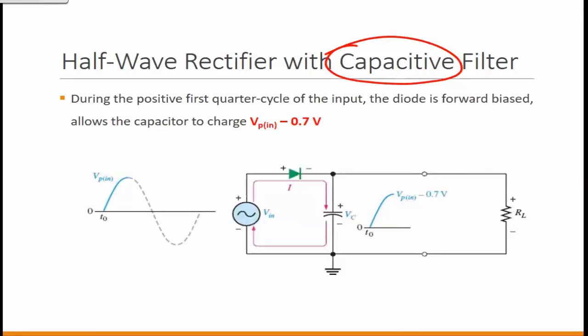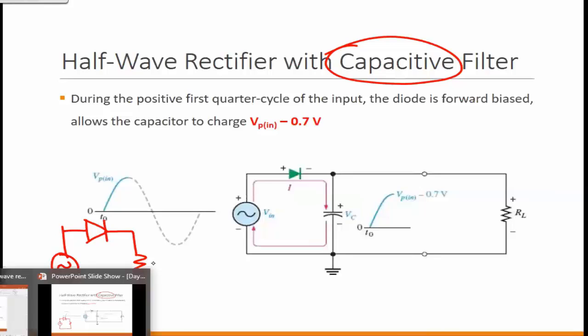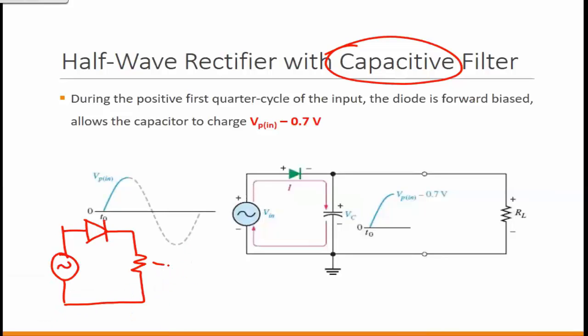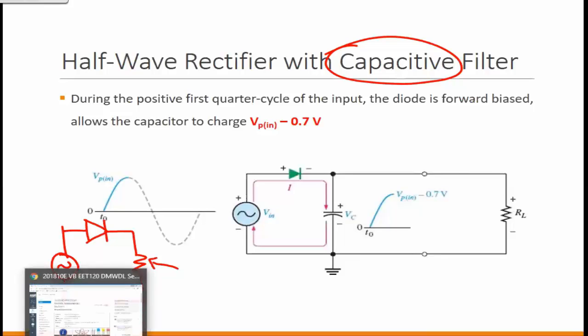So in this example, what type of rectifier is this? Half wave. There is only one diode, correct? Remember, usually when we're dealing with a half wave circuit, this is how our circuit is. We always see a resistor immediately after the diode, which is our load for that matter.